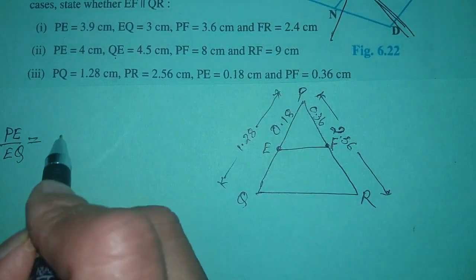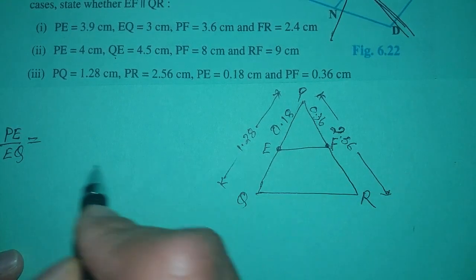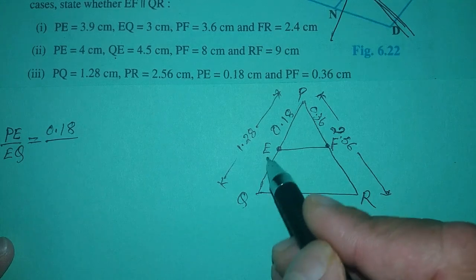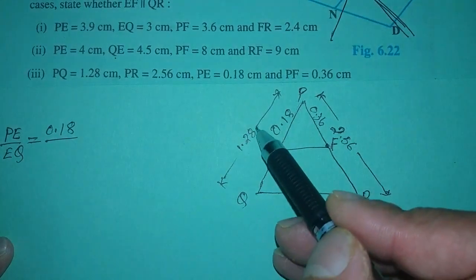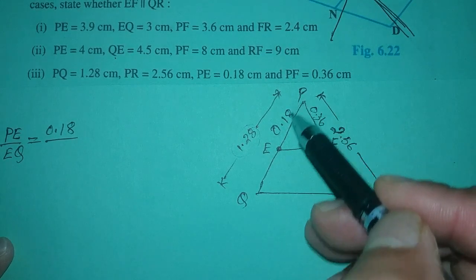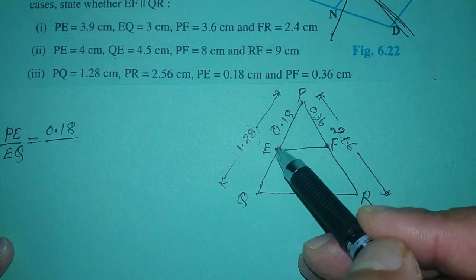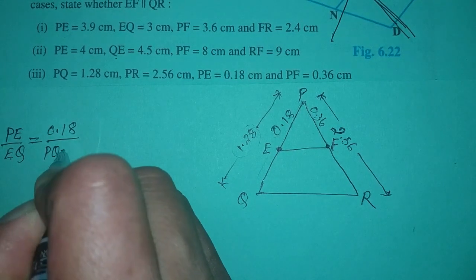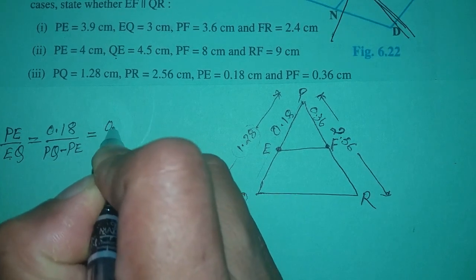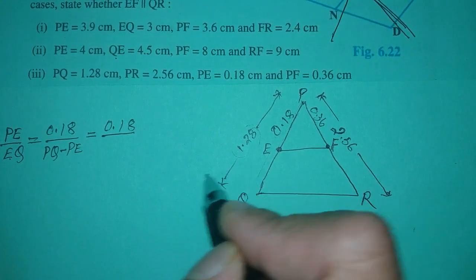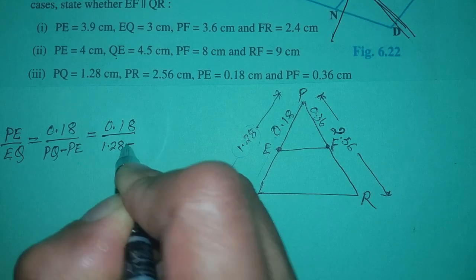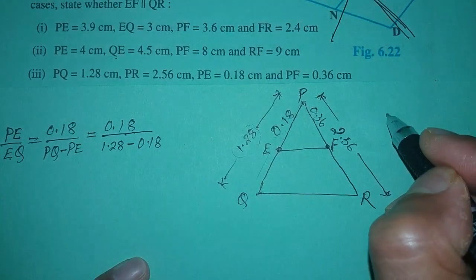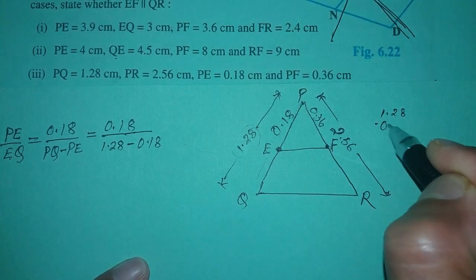Now PE is 0.18. EQ is not given, so we can find EQ by subtracting, because PQ is 1.28 and this portion PE is 0.18, so the remaining portion will be PQ minus PE. So we have 0.18 by 1.28 minus 0.18.